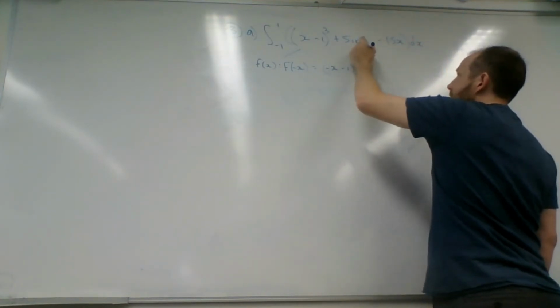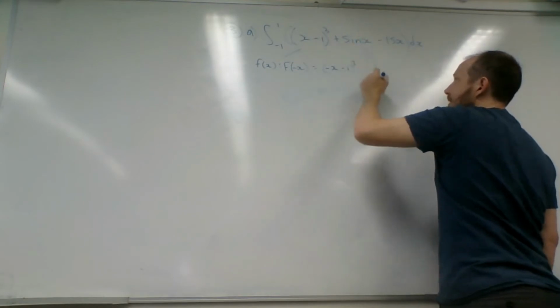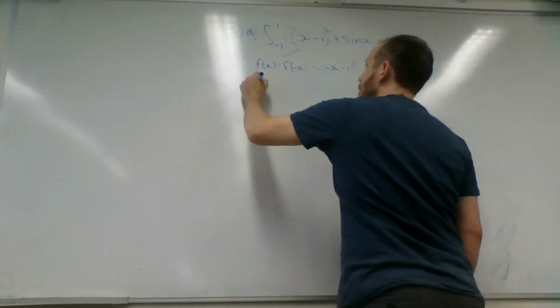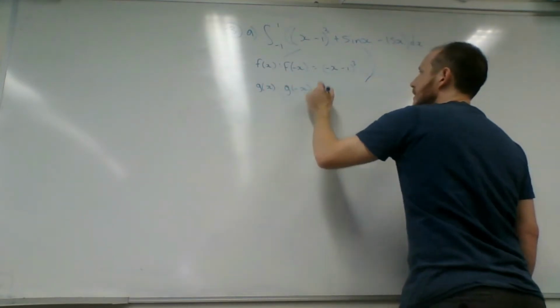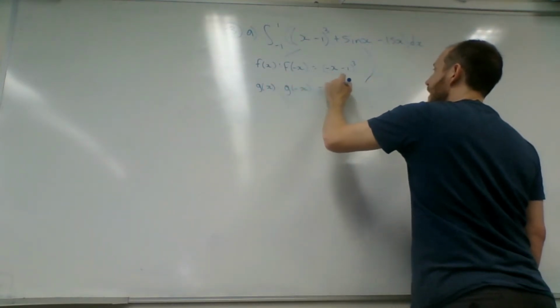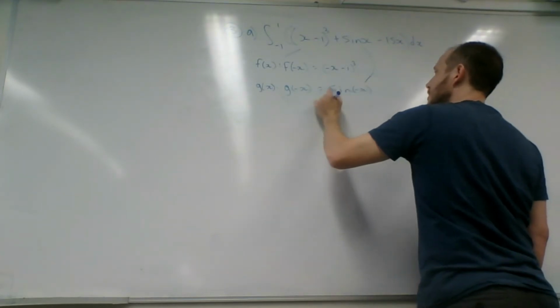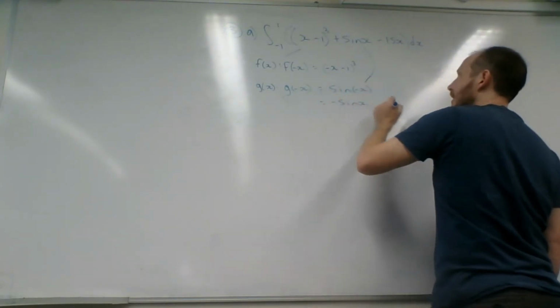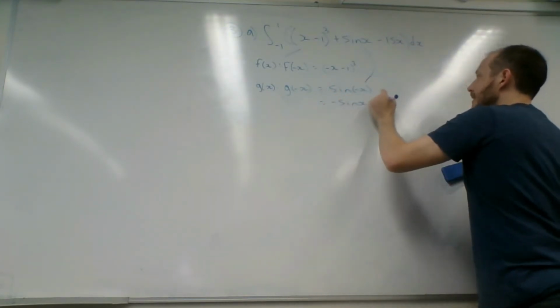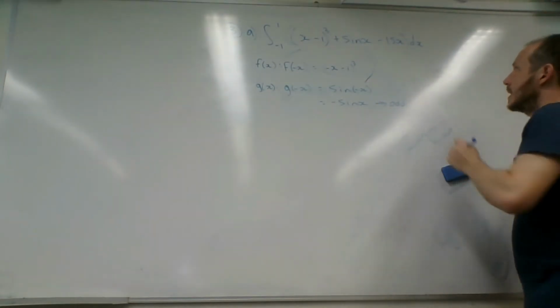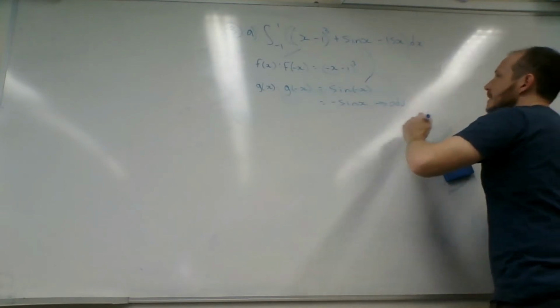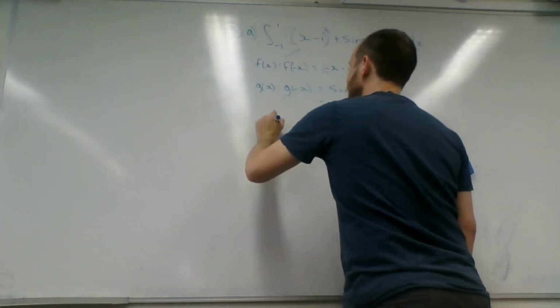Now if we take the next one, sine x, I'll call this one g of x. Now g of minus x is equal to sine of minus x, which is equal to minus sine x. So this one is odd. Now then we take our last function, and let's call this h of x.